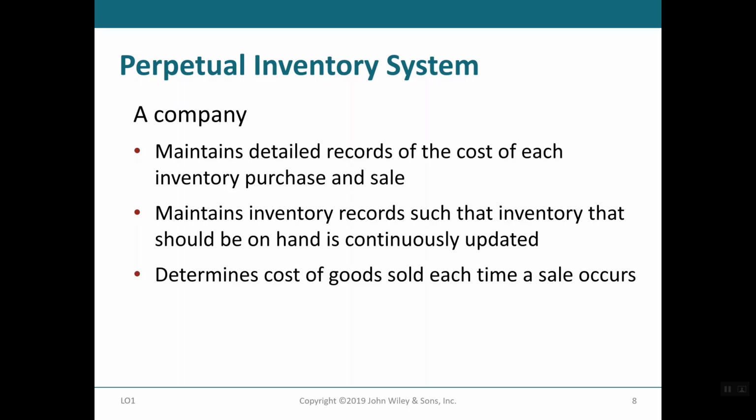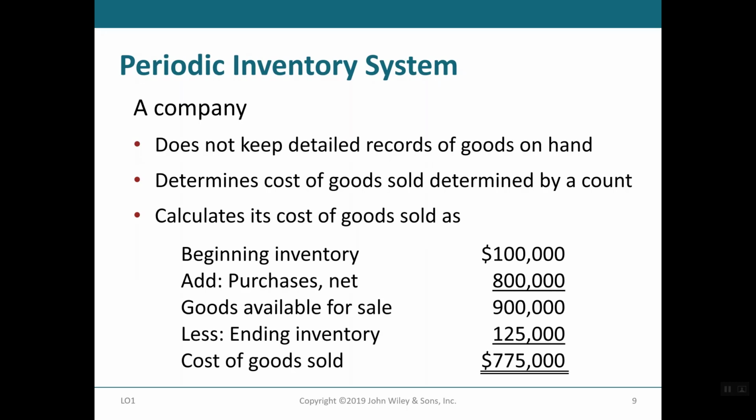It maintains inventory records such that inventory that should be on hand is continuously updated, and determines cost of goods sold each time a sale occurs. So you want to put that at the back of your mind, that under the perpetual inventory system, you are keeping cost of goods sold for each single sale that you make.